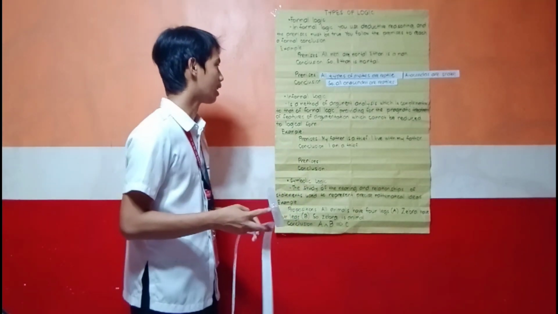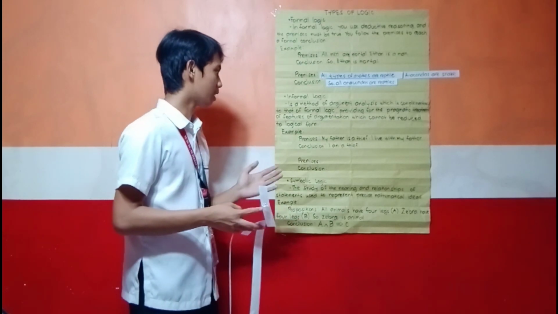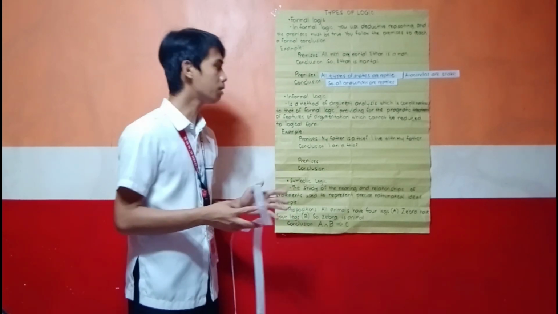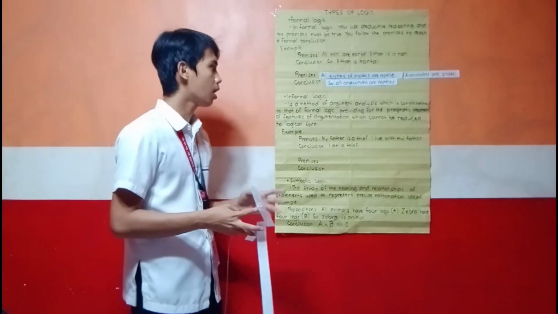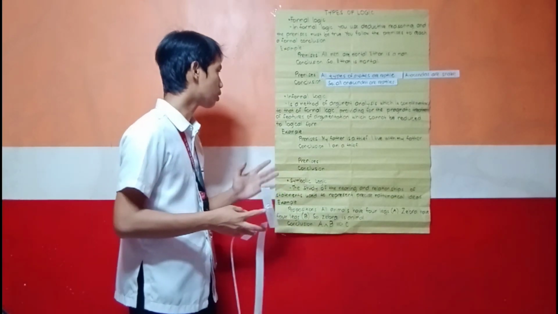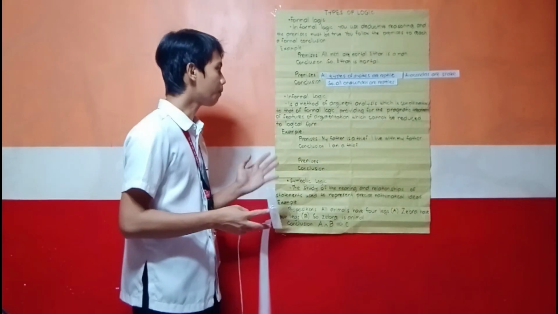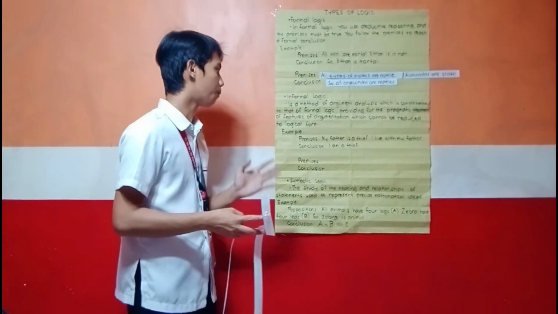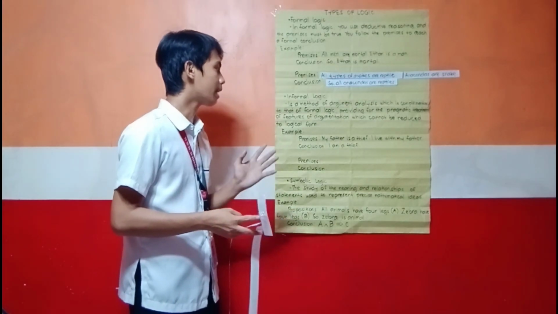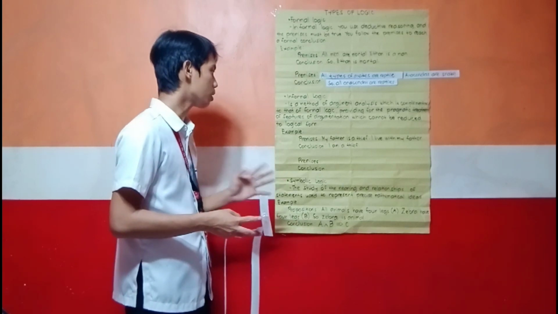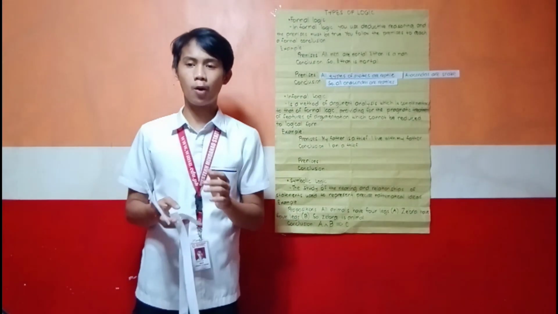Informal logic is a method of argument analysis which is complementary to that of formal logic, providing for the pragmatic treatment of features of argumentation which cannot be reduced to logical form.